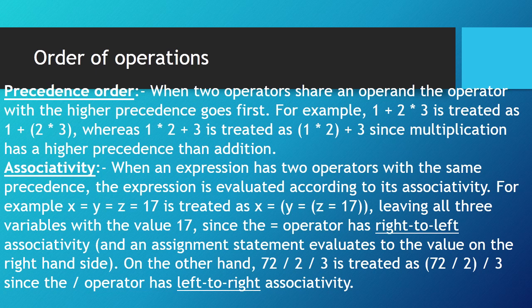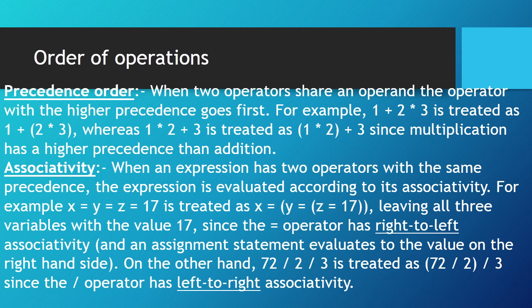Now, when an expression has two operators with the same precedence, that means the two operators are in the same rank, then the expression is evaluated according to associativity. For example, x equal to y equal to z equal to 17.